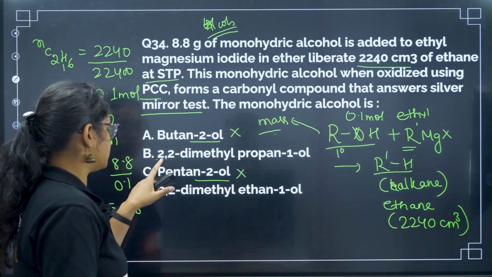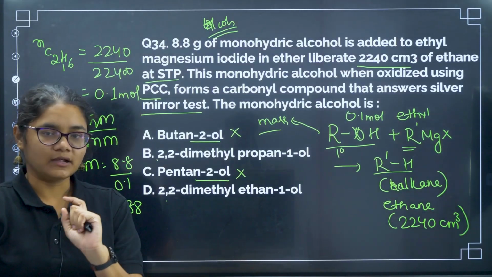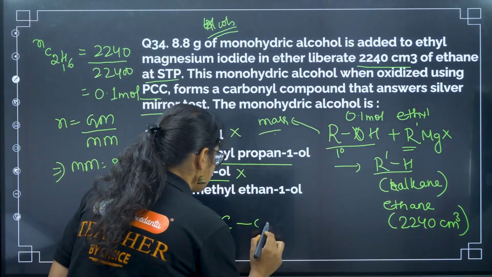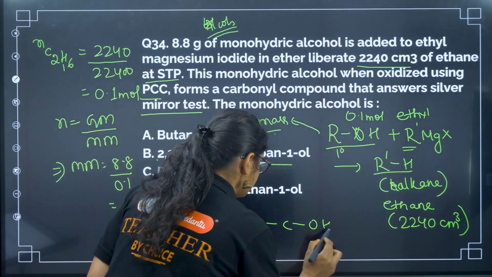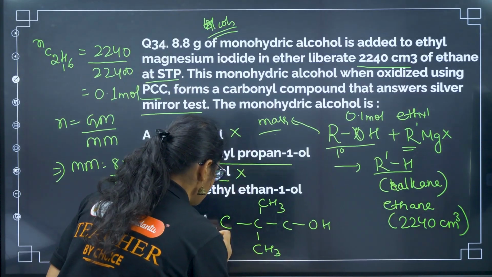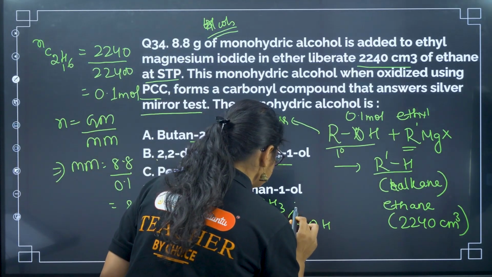Now we should see from these two options, it should be 88 gram, the molar mass, that will be the answer. Now if you see this structure, propane 1-ol and we have 2,2-dimethyl. Now you can just calculate its mass.